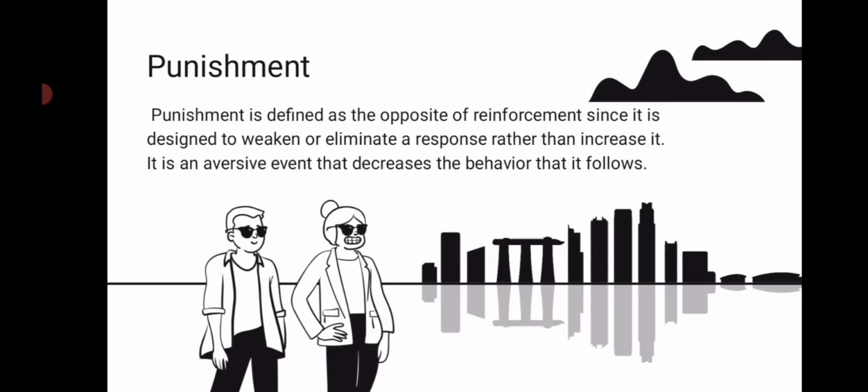But there are many problems with using punishment, such as punished behavior is not forgotten, it's suppressed. Behavior returns when punishment is no longer present. And the other is, it causes increased aggression, which shows that aggression is a way to cope with problems.